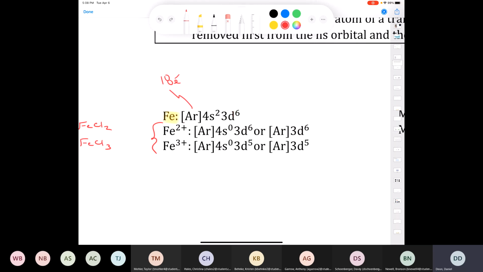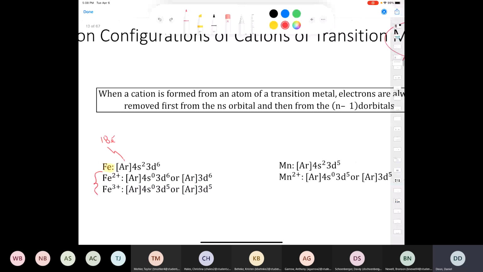However, we don't do that, okay? We actually take them from the s orbital first. So if we make a 2 plus cation, we would remove both of the electrons from the s orbital. And if we made a 3 plus cation, we remove the 2 electrons from the s orbital and 1 electron from the d orbital.